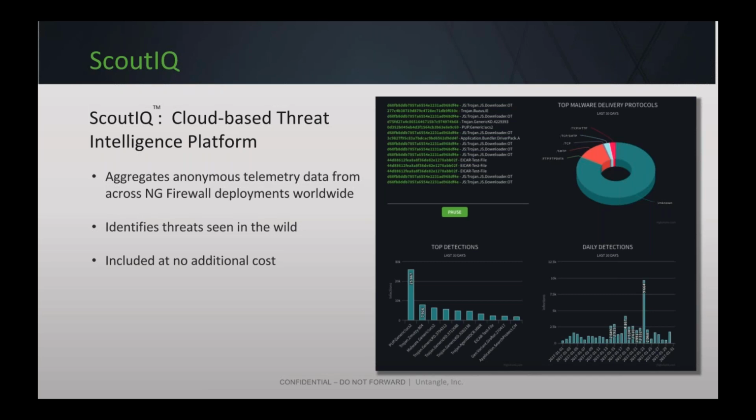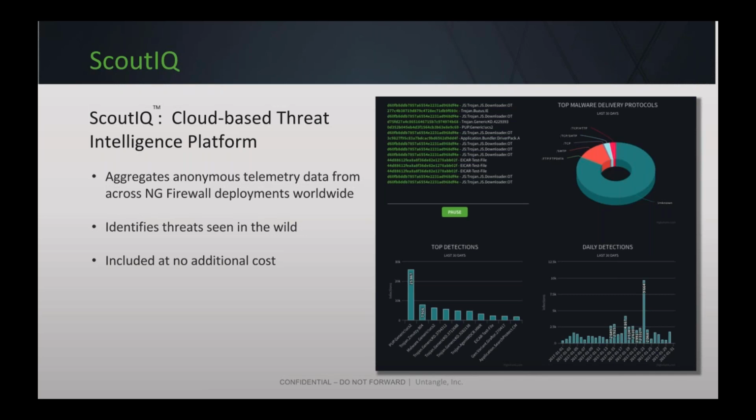As you can see, what it does technically is it's aggregating anonymous telemetry data from Untangles around the world. So the first Untangle box that sees either an unfamiliar piece of malware or a piece of malware with an unfamiliar exploit tied to it, etc. sends all that information to Scout IQ with the telemetry data, which is crucial for that kind of thing.